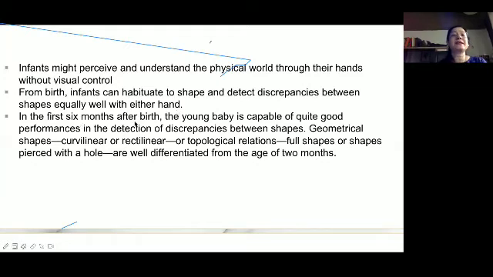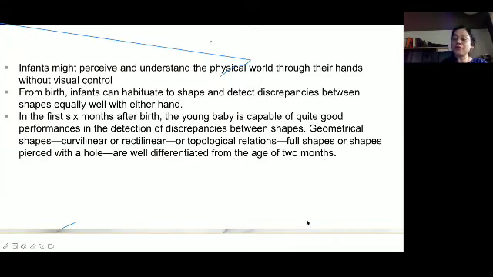In the first 6 months after birth, the young baby is capable of quite good performances in detection of discrepancies between shapes. Geometrical shapes such as curvilinear or rectilinear or topological relations, full shapes or shapes pierced with a hole are well differentiated from the age of 2 months.